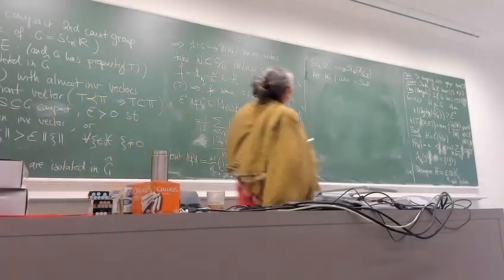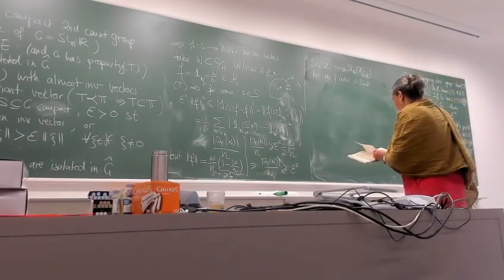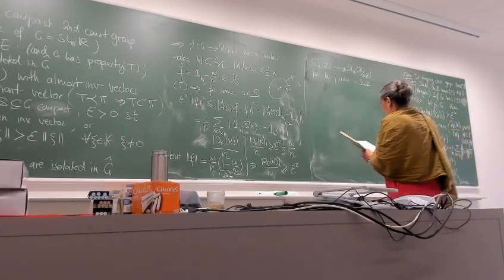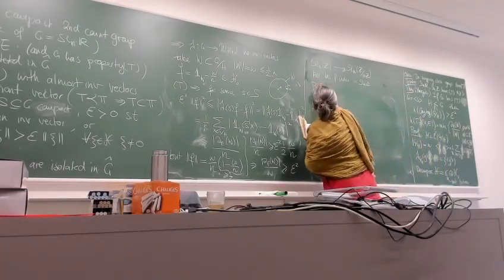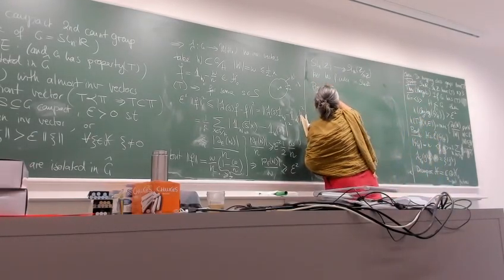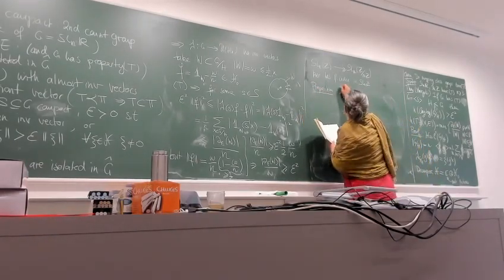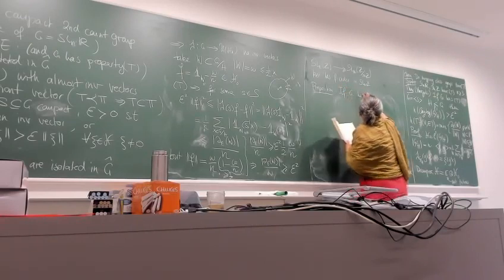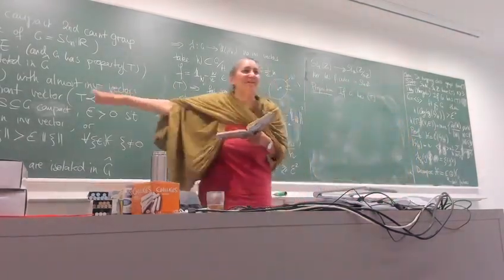Okay, so let me just tell you another consequence of property T, which is if G has property T. Now I'm not in the finitely generated case anymore.